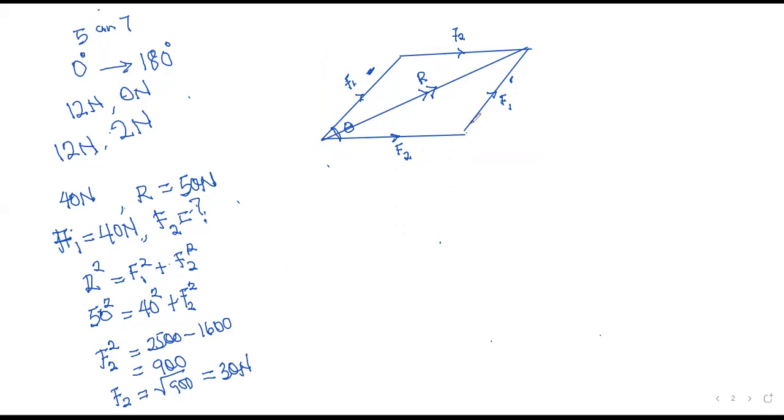So the angle between F1 and the x-axis, the east, if this angle is theta, then this angle here must also be theta. Elikem, if this angle is theta, what will be this angle? 180 minus theta.